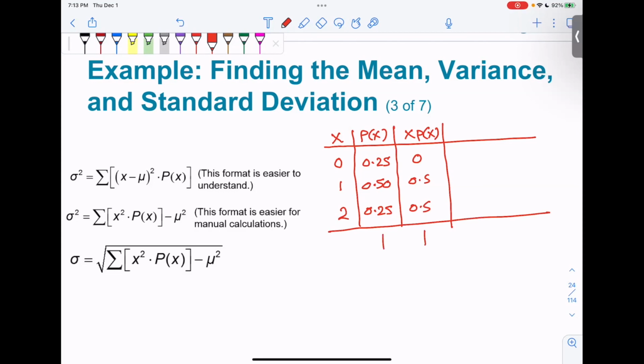And then now what we want to get is X minus mu. What do you think X minus mu will be, without calculating? We did this when we calculated the variance.